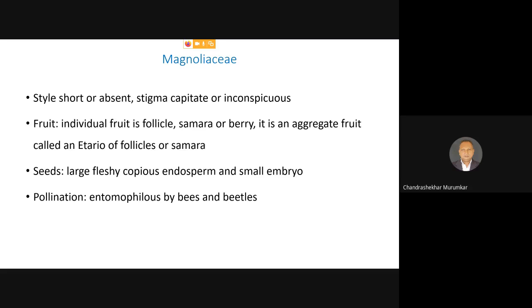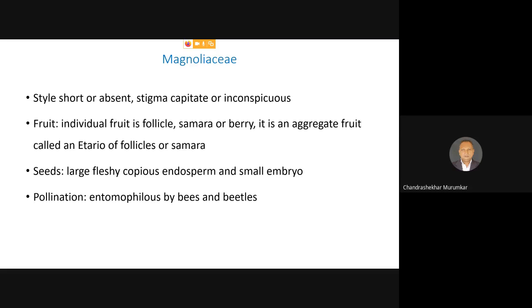On the contrary, the seed contains a very small embryo. Remember, the copious endosperm and small embryo is a typical pteridophytic character, whereas in other angiosperms the endosperm is always small and the embryos are larger. Exactly the reverse is present in Magnoliaceae, and that's why this is one of the important characters.